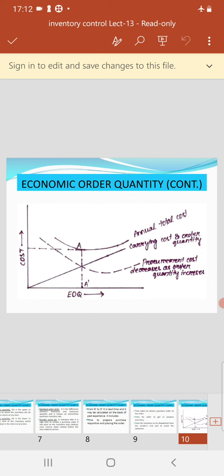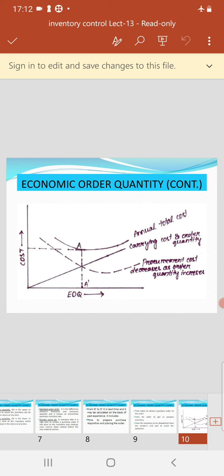So this line is the fixed cost line. And another one is variable cost, carrying cost and ordering cost. These are the variable cost. So variable cost is a straight line starting from origin, because when the quantity is 0, the variable cost will be 0 and it will go on increasing with the quantity.